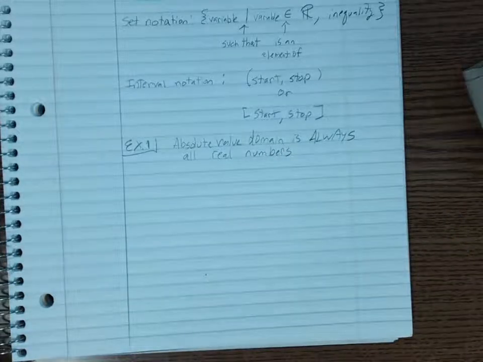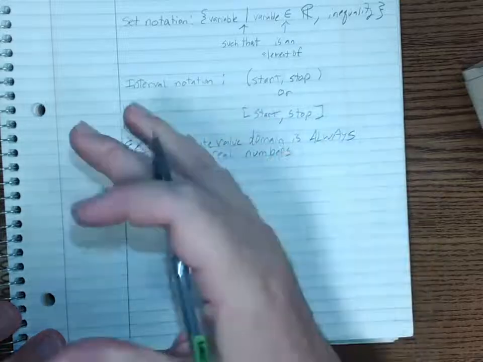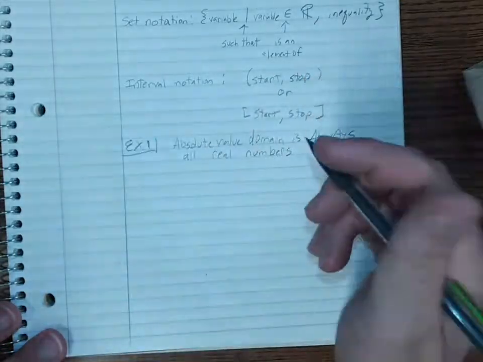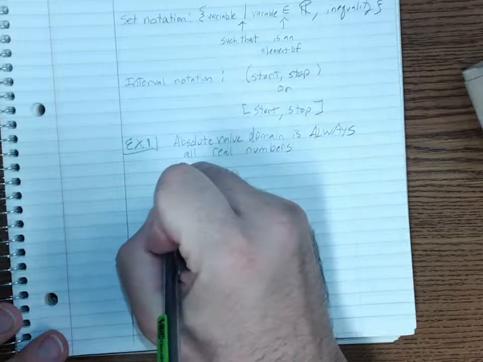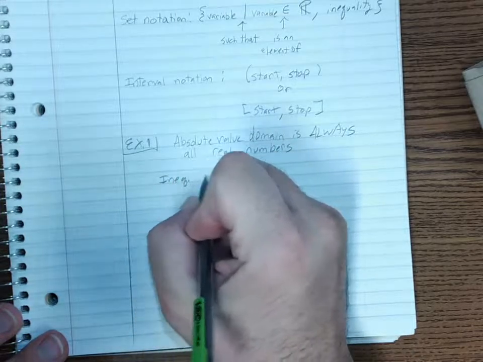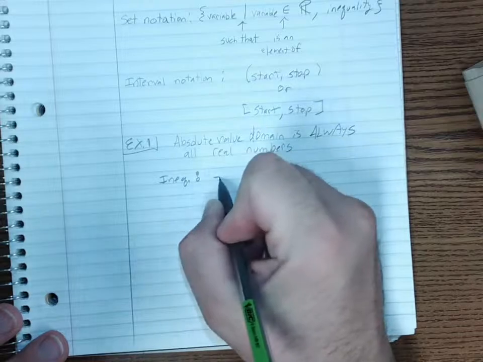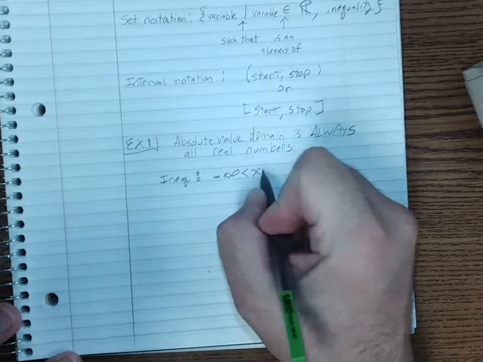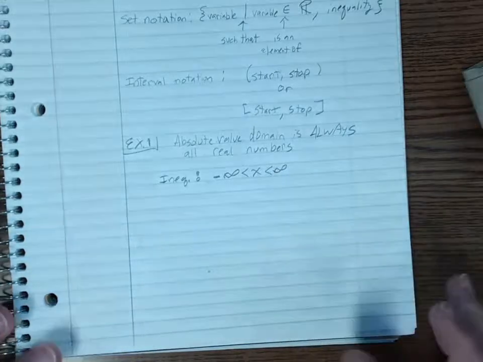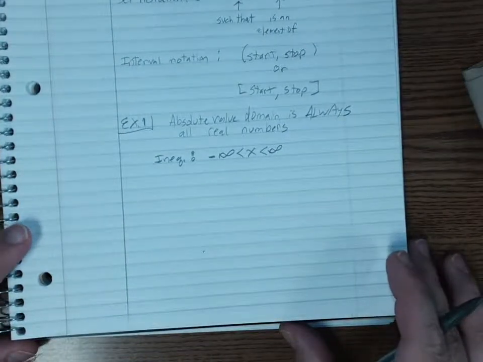So that means then that it starts from negative infinity and it goes to positive infinity. So the inequality notation looks like this. We would start with negative infinity is less than x is less than positive infinity.